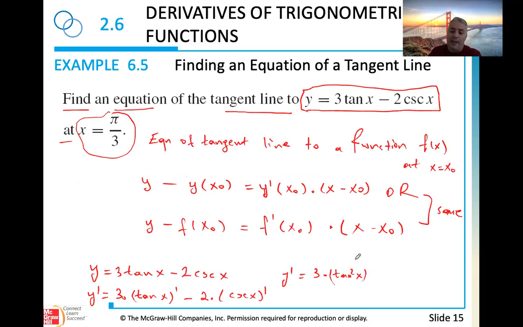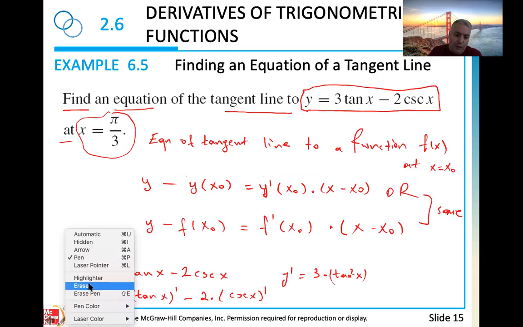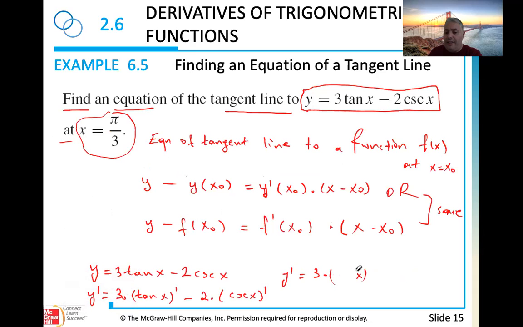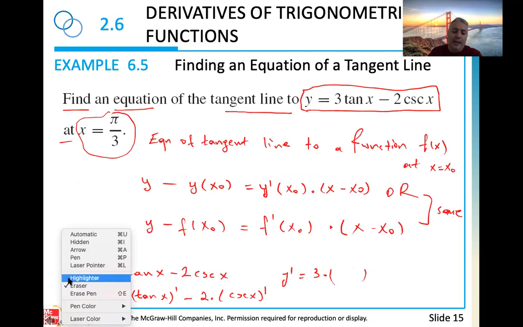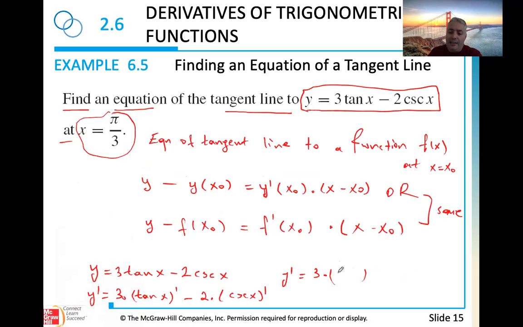So what I normally do in an exam is prove it by myself. Tangent means sine over cosine, and I use the quotient formula and get secant squared of x, but it is better to memorize. Minus 2 times the derivative of cosecant x.